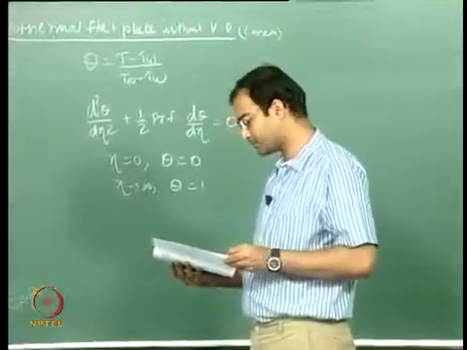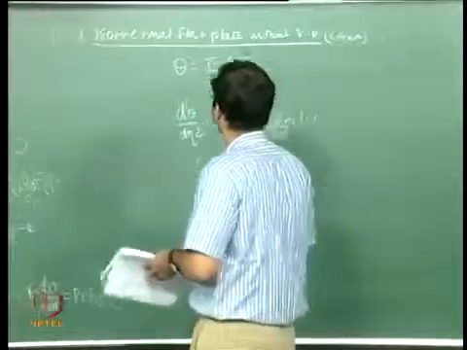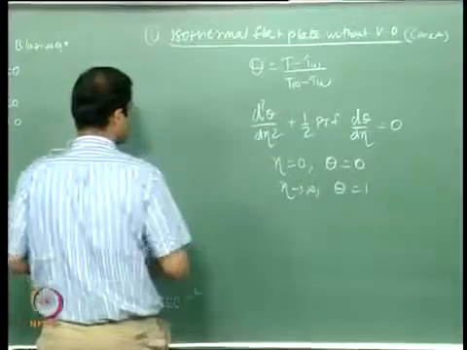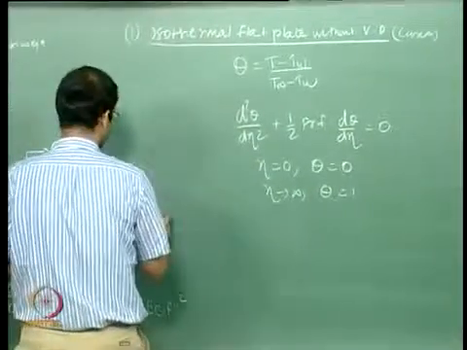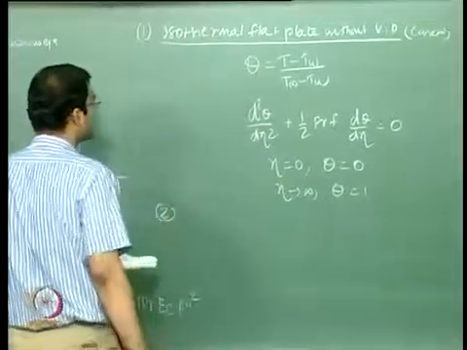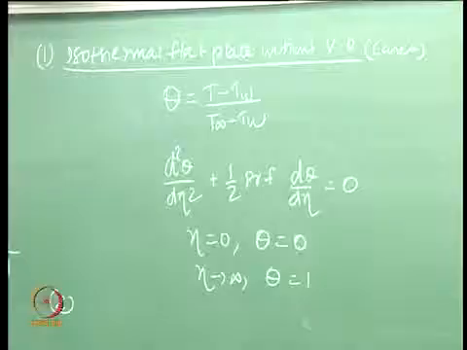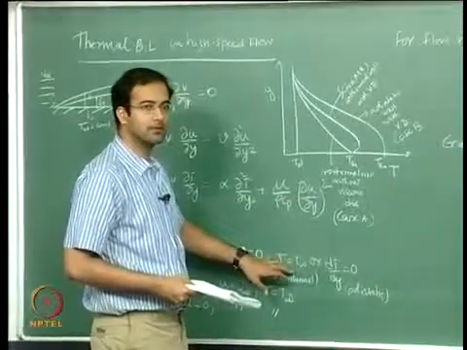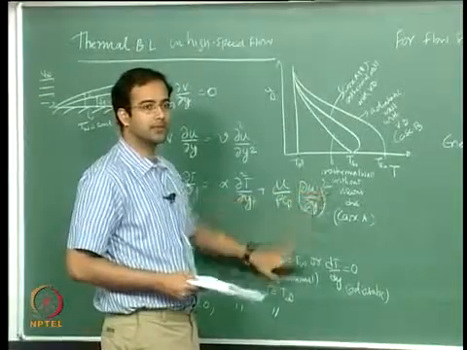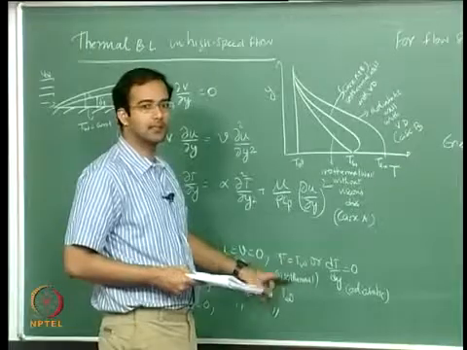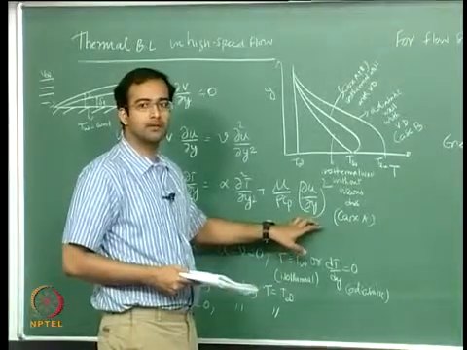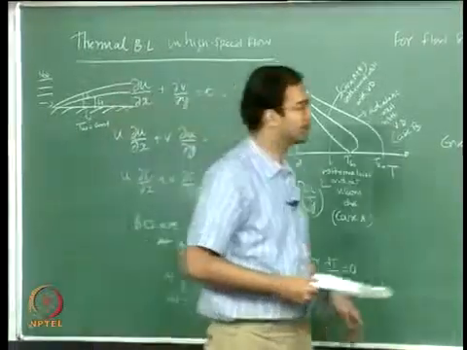And now the second part of the solution. So this is one problem which you have considered. What will be the second problem? We have split this into two solutions. One is without viscous dissipation with isothermal wall. The other should include viscous dissipation but with adiabatic boundary condition.